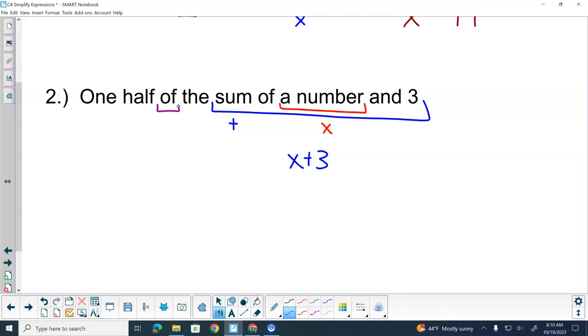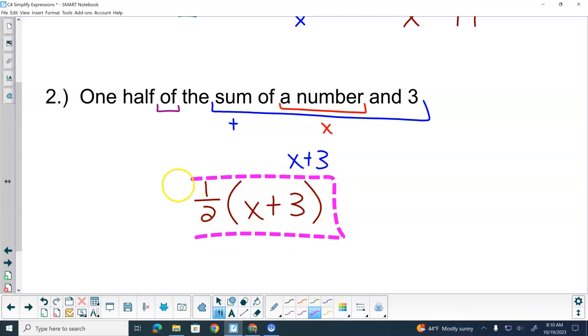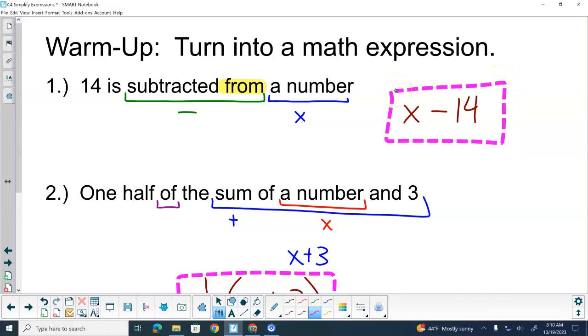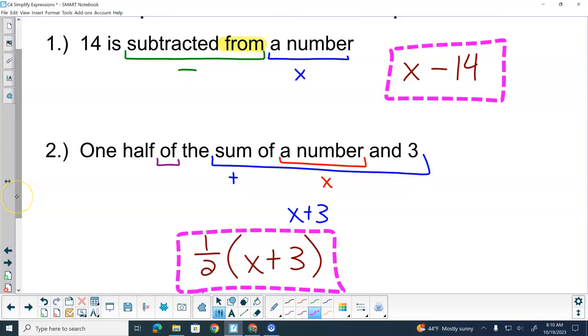Parentheses. Yep, so we're going to put the X plus 3 in parentheses, and we're going to put 1/2 right in front of it. Okay. Questions on either one of those?